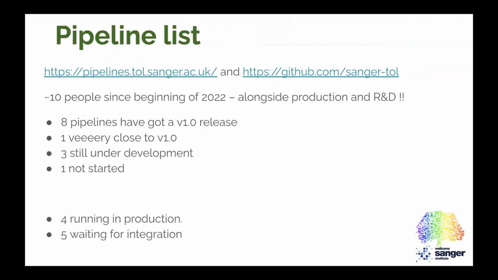All of that was done over the course of about a year and a half. Across my team and a few other teams, there are about 10 people who write Nextflow pipelines. And that was done alongside the daily production work and all the other R&D tasks about genome assemblies and method algorithms, all of that.